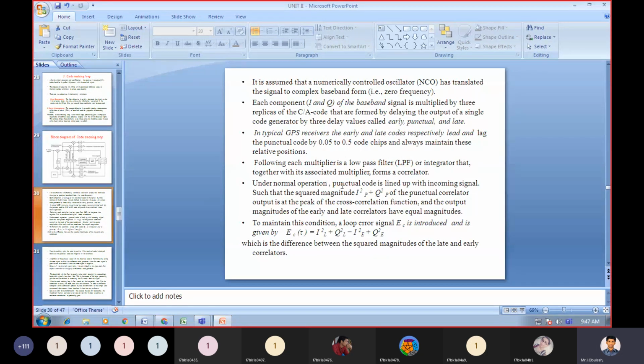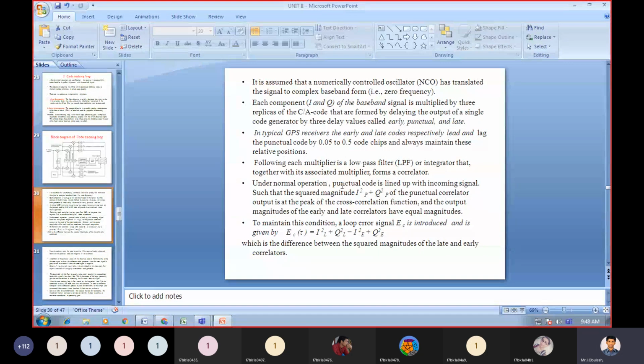It is assumed that we have an NCO, a numerically controlled oscillator, in the block diagram, and that it has translated the signal to complex baseband form, that is, zero frequency.